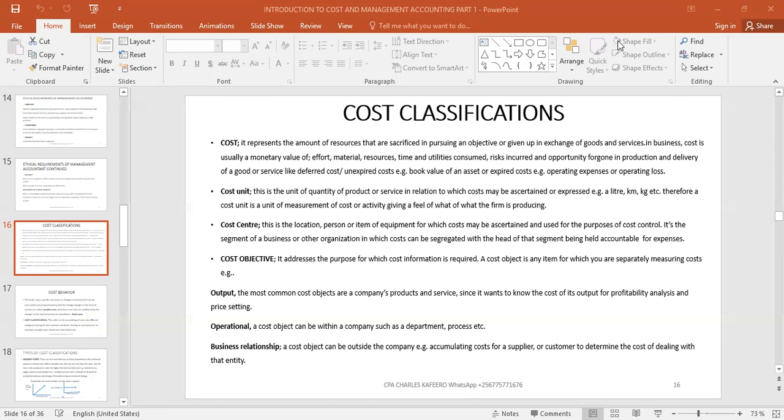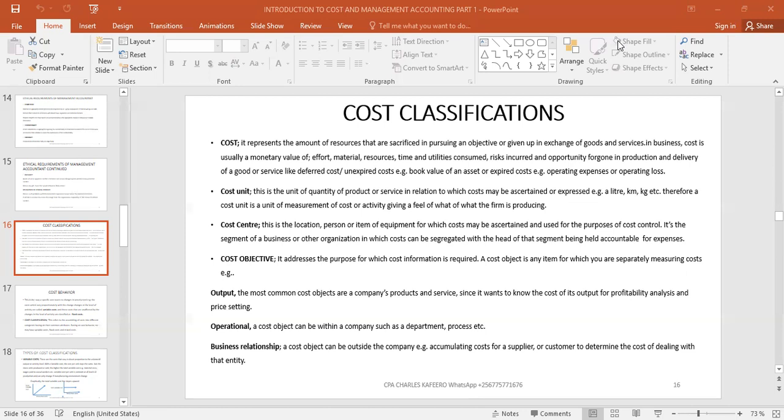A cost object is an item for which you are separately measuring cost. It's that objective where the cost ascertainment is meant to be done so that we can know how much we've spent on a certain item. An example of a cost objective can be an output.